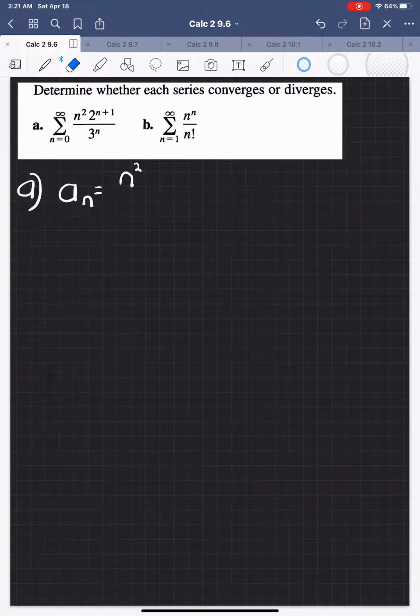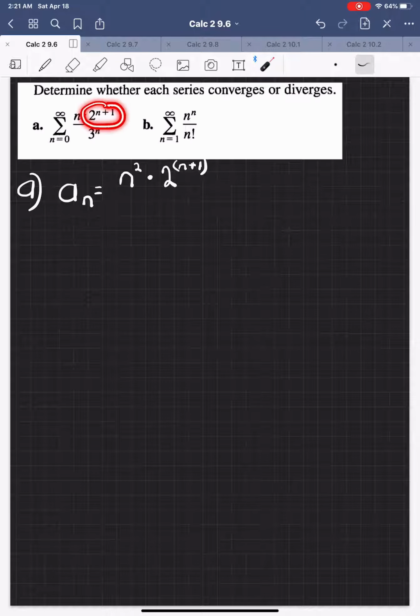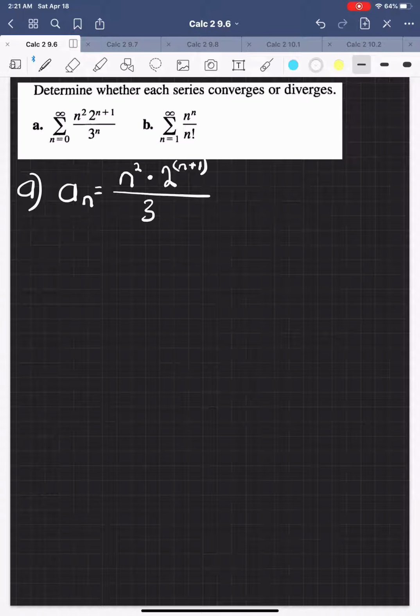Let me make sure that this is expressed, times 2 to the power of n plus 1. I can just see a student thinking that's 2 times n plus 1, right? All right, over 3 to the power of n.